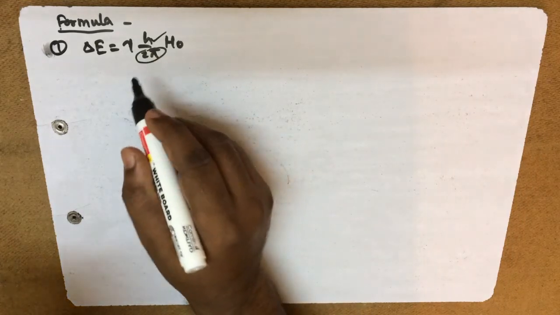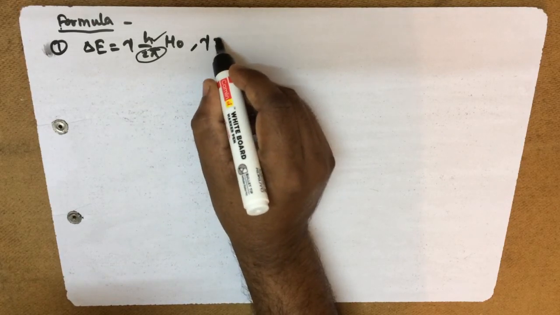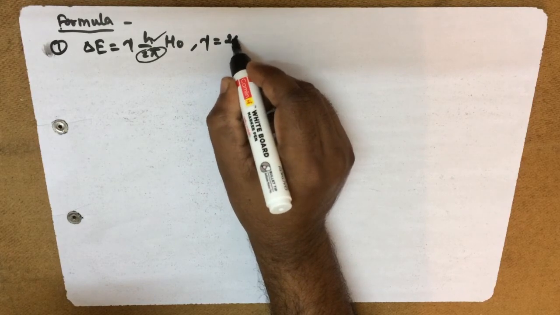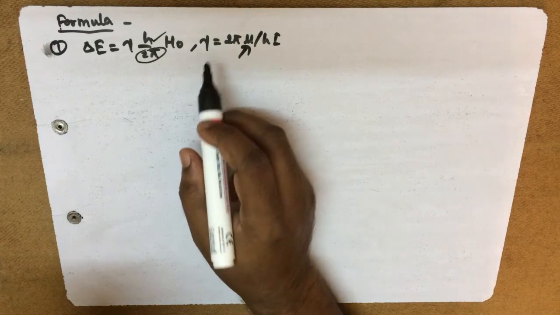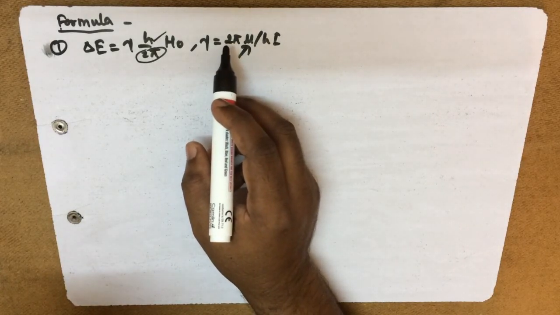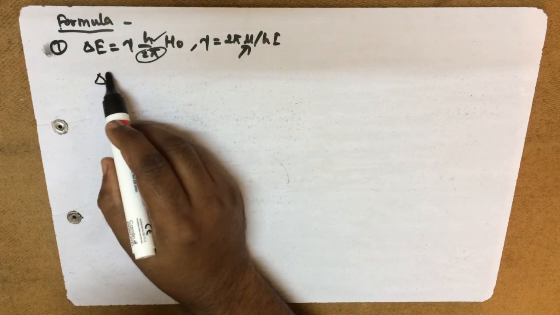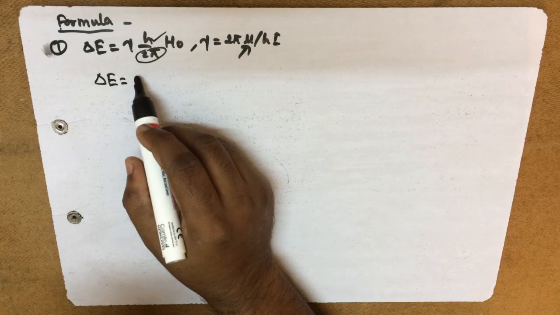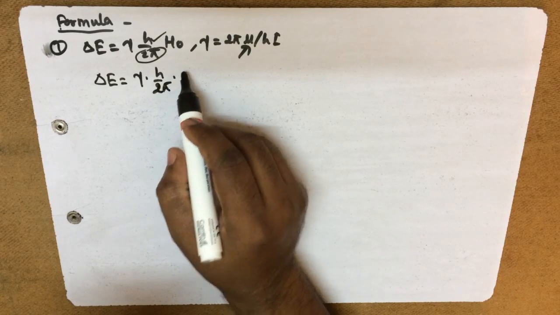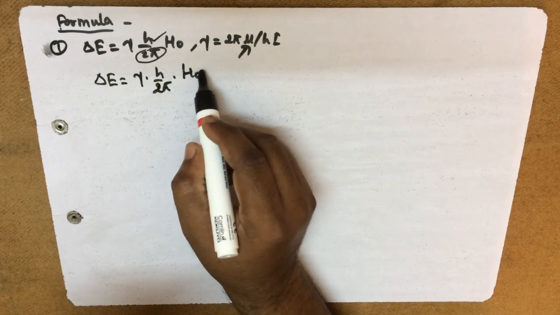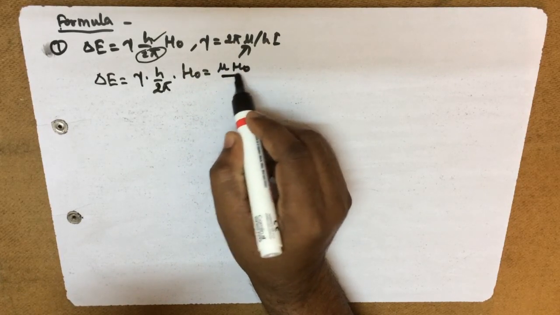One more formula: the magnetogyric ratio is equal to 2 pi mu upon h I, where mu is the dipole moment. After putting this value you get the formula: delta E is equal to gamma h upon 2 pi into H0, which finally equals mu H0 upon I.